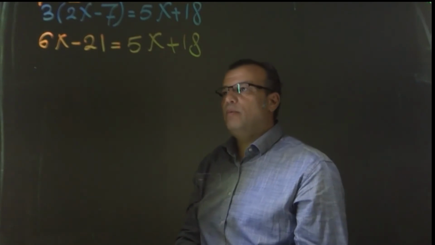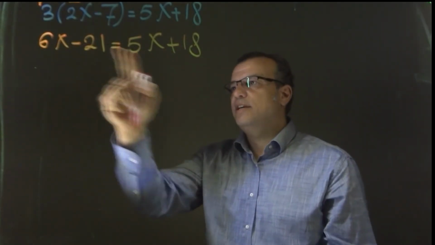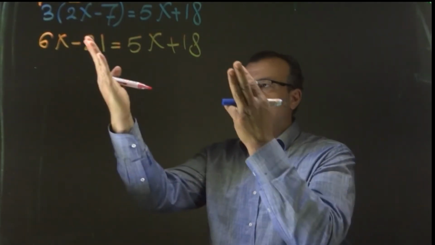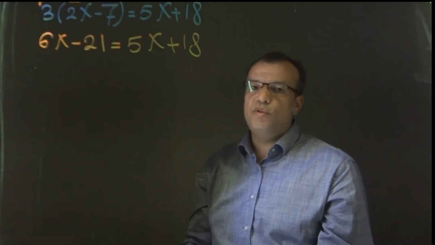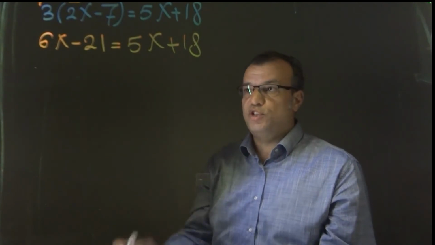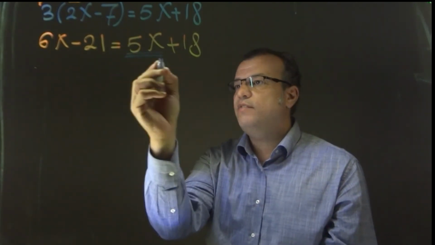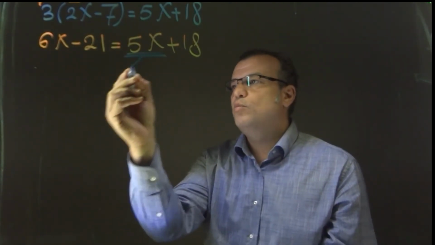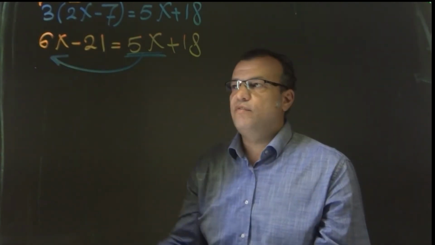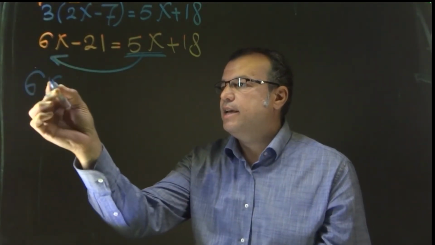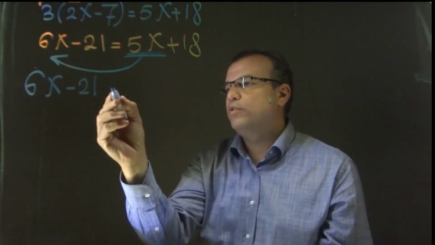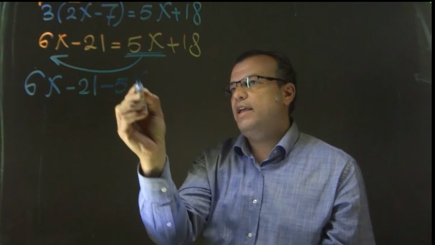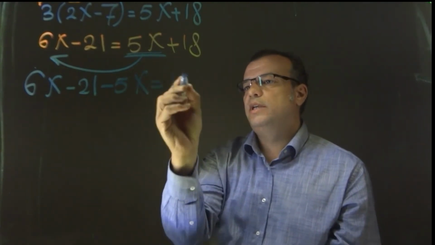Now we have a big problem. We have x's in two terms, on two sides. So move the smallest x to the greatest x by changing the sign. This is a positive 5x, so moving to the other side it will be negative 5x. That means 6x - 21 and negative 5x = 18.